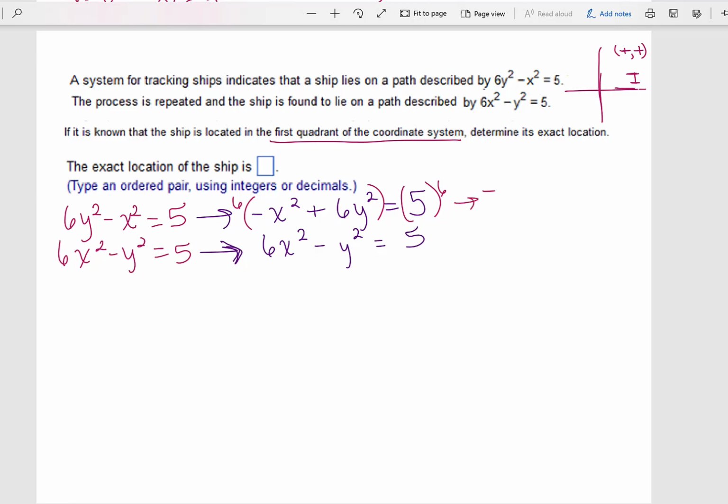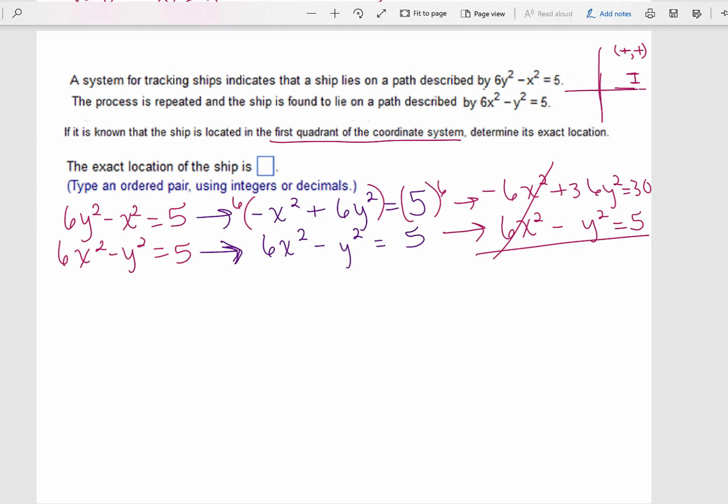So now I have negative 6x squared plus 36y squared equals 30. And at the bottom, I'm just going to write it exactly the way it is. So I eliminate my x's. That was my point, right?